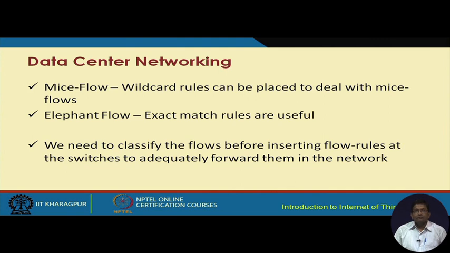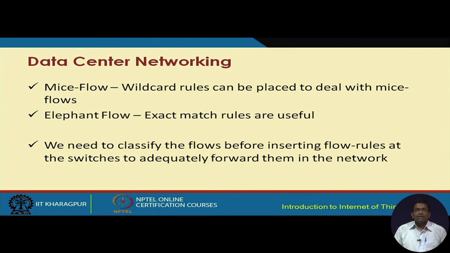Typically there are two different solutions for adoption of SDN in data center networks, and two types of flows are observed. One is the mice flow, which are small flows, and the other is the elephant flow, which is large scale flows where big volumes of data are coming, and small flows, mice flows, where small sized data are coming.